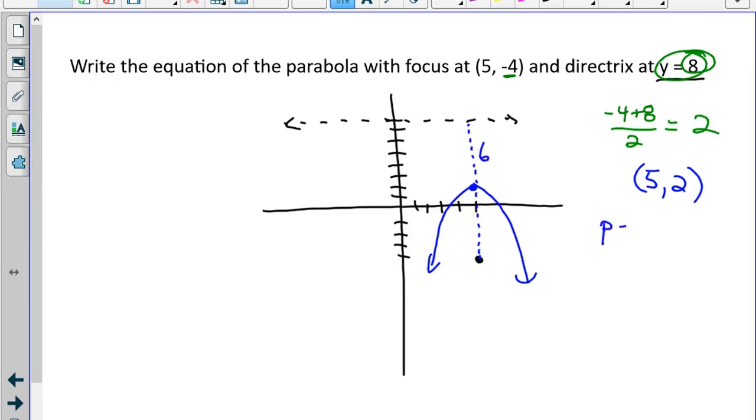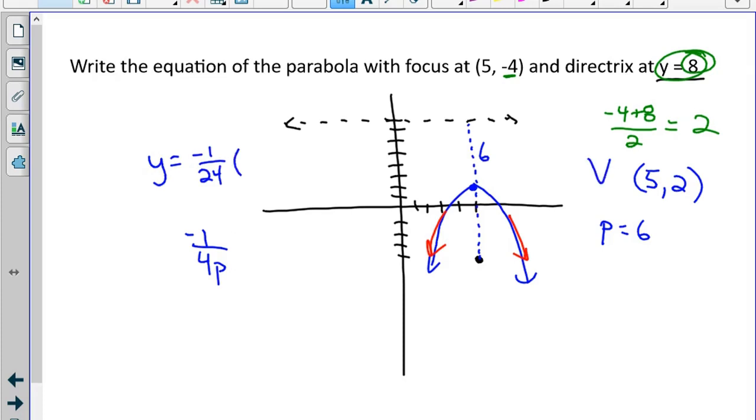So that means p is 6. So I'm going to do 1 over 4p. And notice I have to make this negative because it's opening down. So I have y equals negative 1 over 4p. Since p is 6, this is going to be negative 1 over 24.